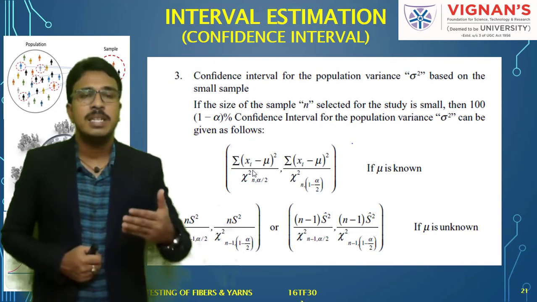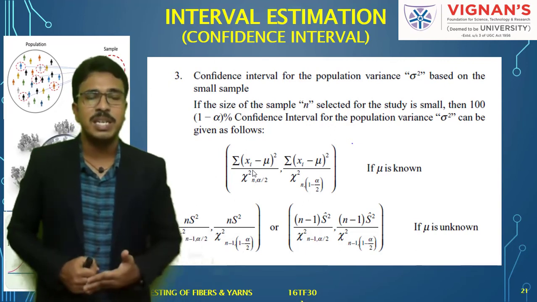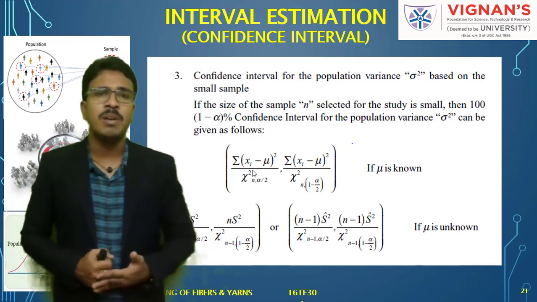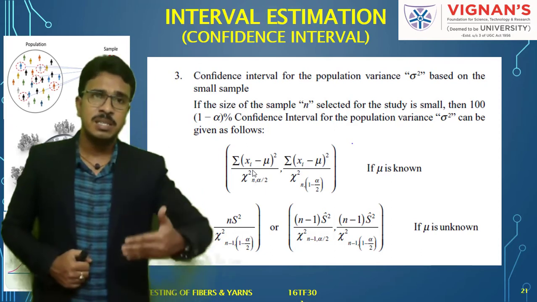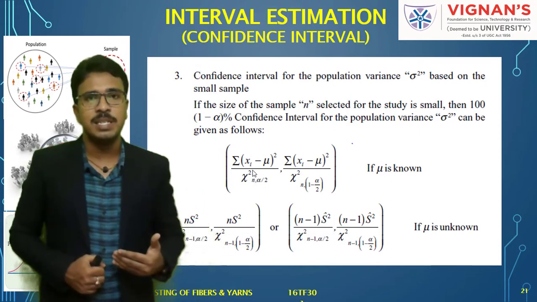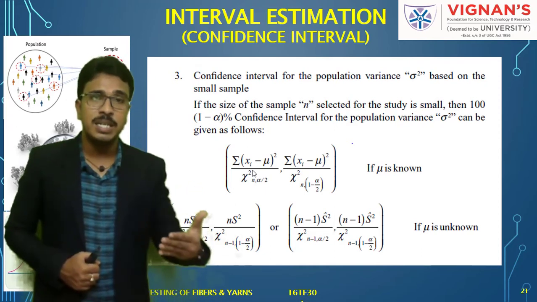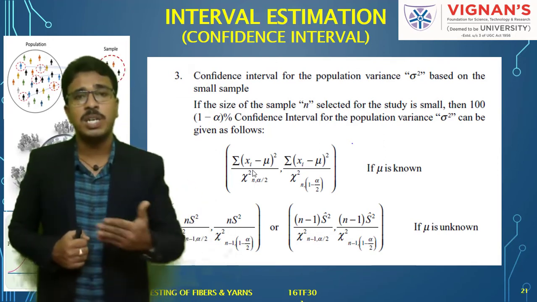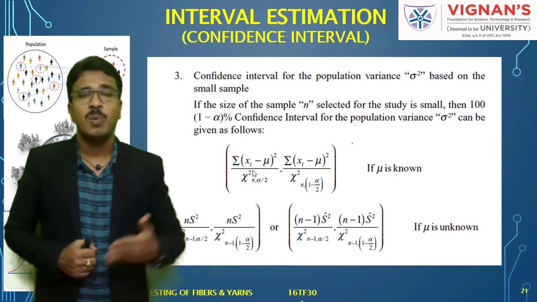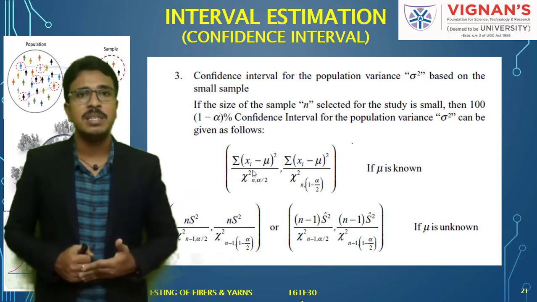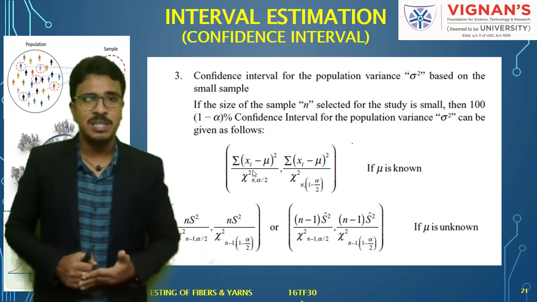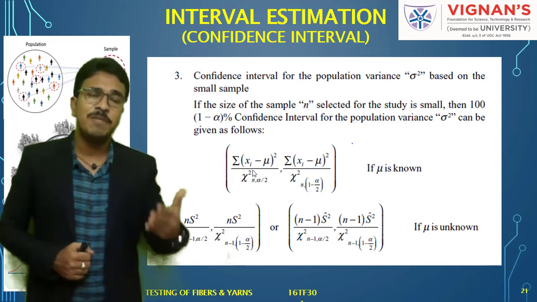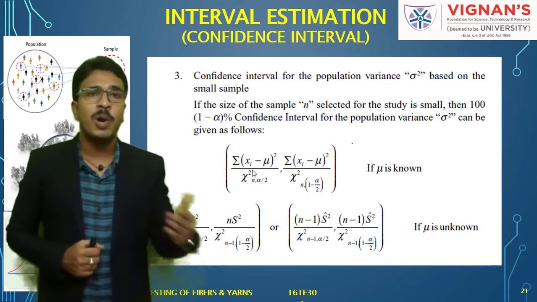I'll just briefly go over what we have studied till now. In this estimation of mean and variance, we have studied in detail what an estimation is, what mean and variance are, and what the different types of estimation are, point and interval.